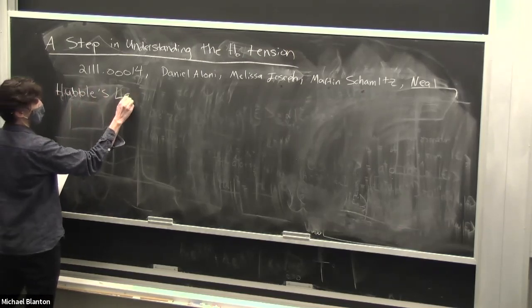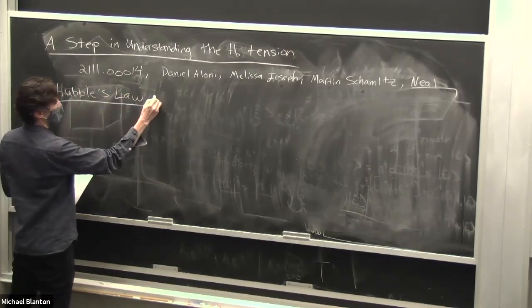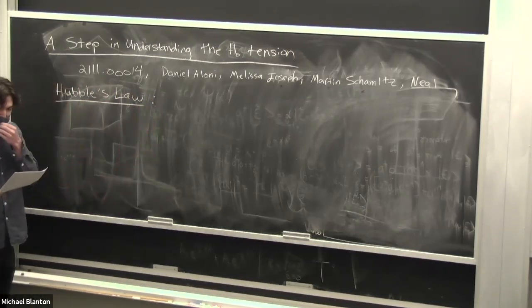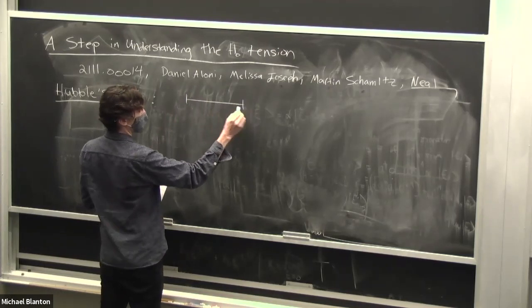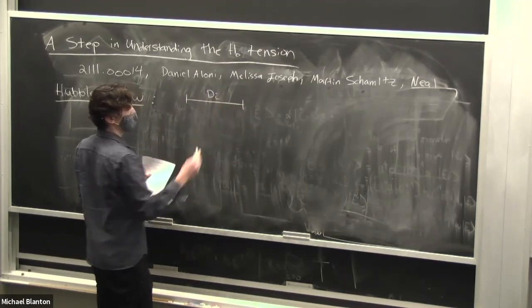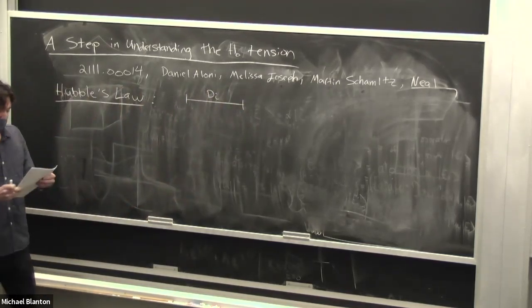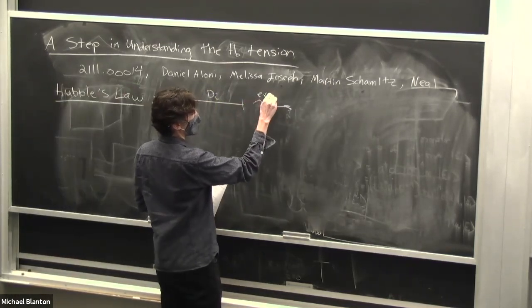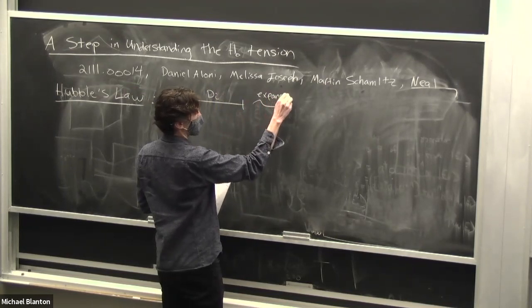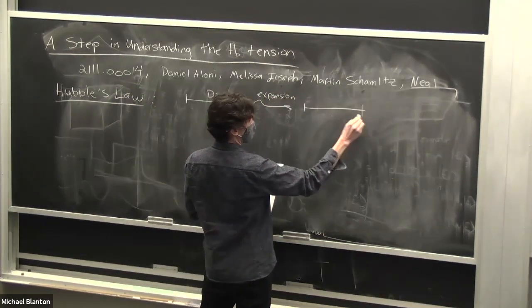A quick recap of what Hubble's law is. What is the Hubble parameter? This is a statement that, let's say you have two objects that are initially some distance d apart. Due to the expansion of the universe, this is a function of time.